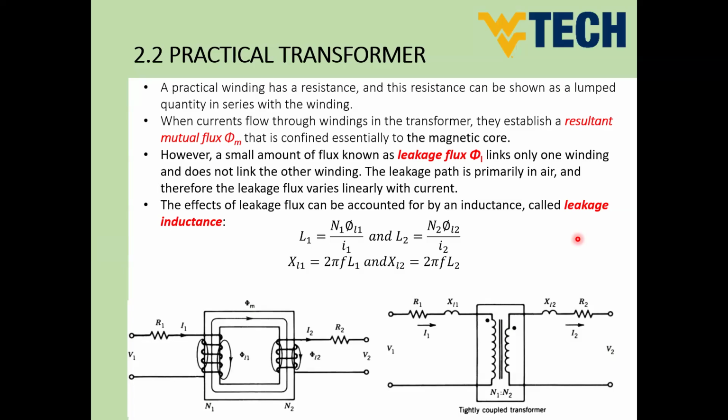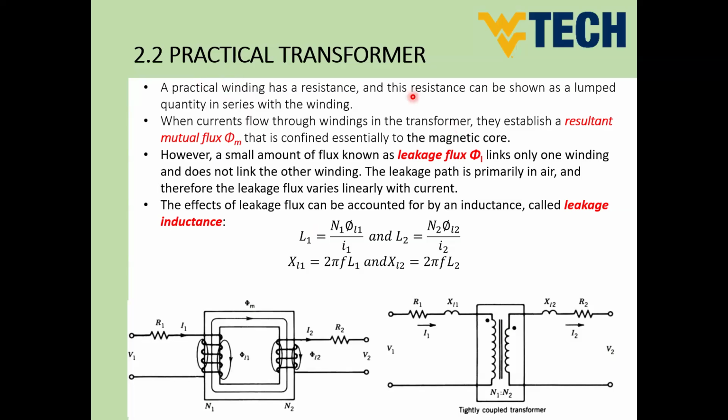But for the actual transformer, guys, what is the equivalent circuit and what are the parameters we have? So let's start, guys, with the practical transformer because I know all of you are familiar with the ideal transformer. The practical transformer will have practical windings, which means these windings for sure will have resistance.